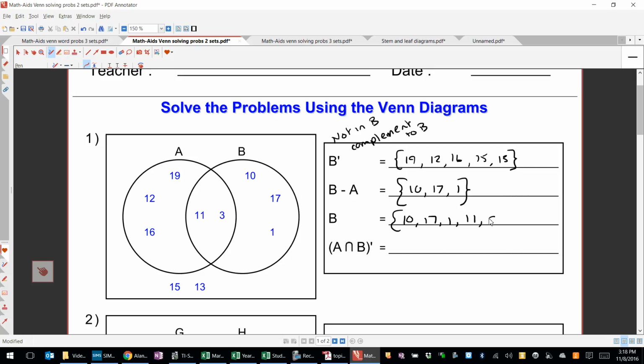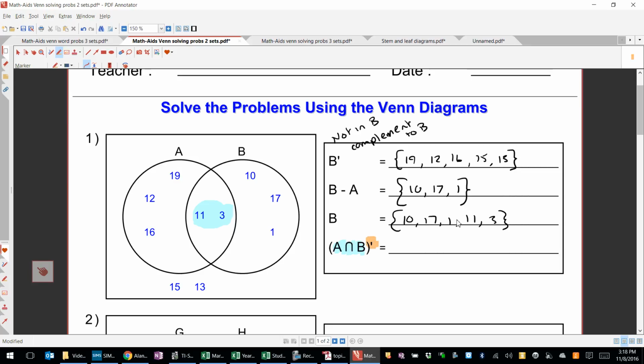Now this one, we've got to consider first the A intersection B, which is A and B, so that's this number and this number. But then what we've actually got is the whole not thing here. This symbol means not.